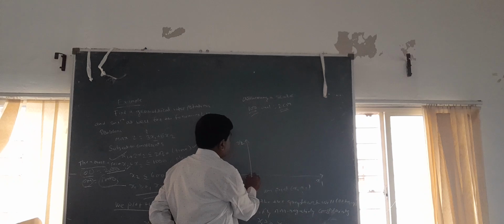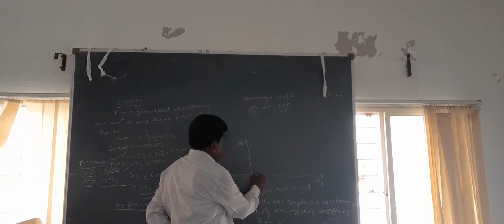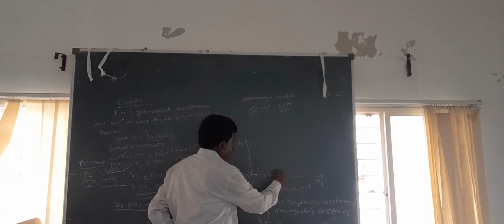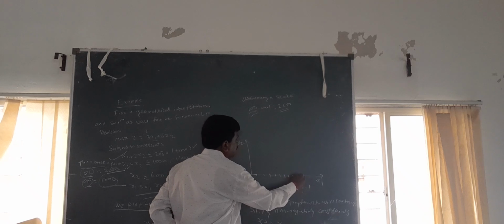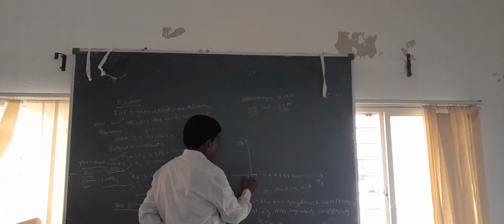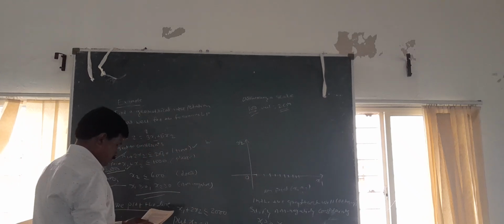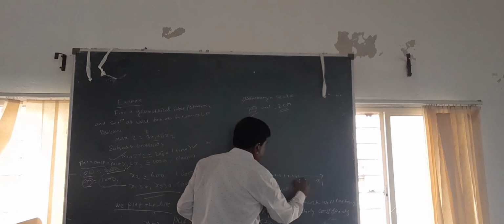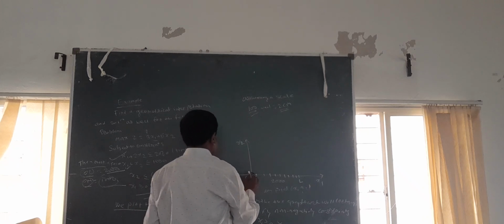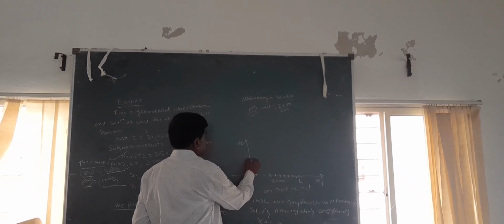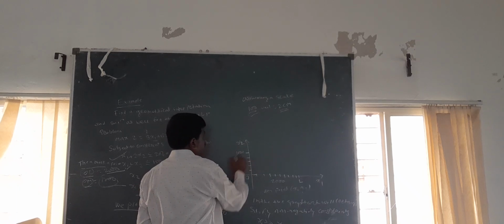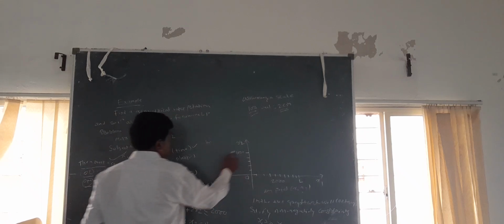Here the first point is 2 centimeters, 1, 2, 3, 4, 5, 6, 7, 8, 9, 10, that is OL, which is 2000, and 1, 2, 3, 4, 5 is 1000, that is OM.